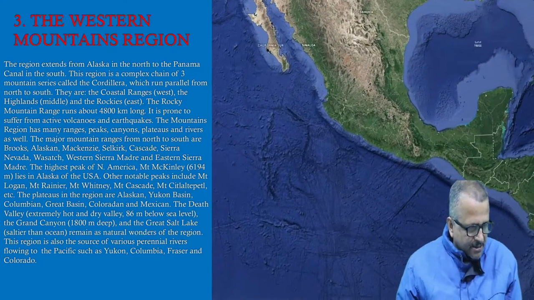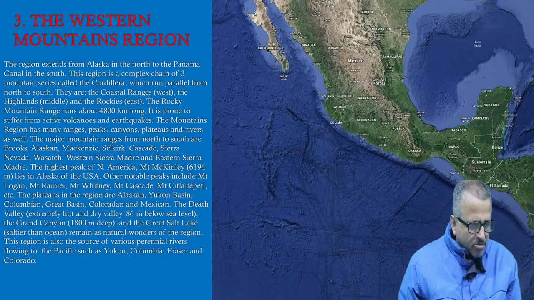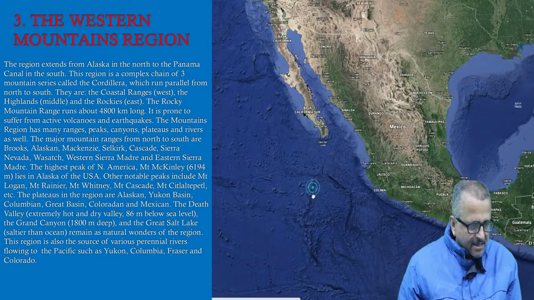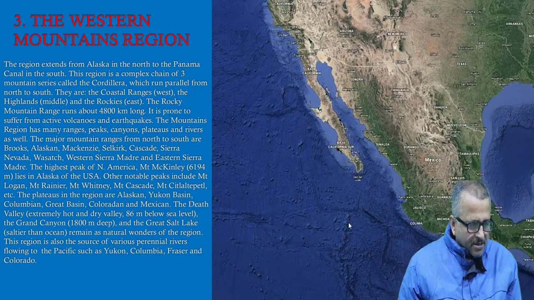This region is complete with three mountain series called the Cordillera, which run parallel to each other north to south. They are the coastal range, the west highland middle, and the Rockies in the east. The Rockies mountain range is 4,800 meters long, and it is prone to active volcanoes and earthquakes. The mountain regions have many ranges, peaks, canyons, and plateaus of the river.